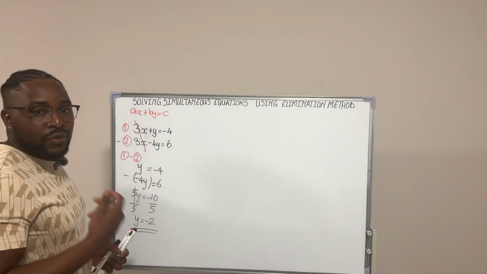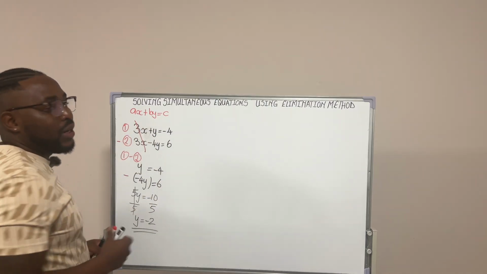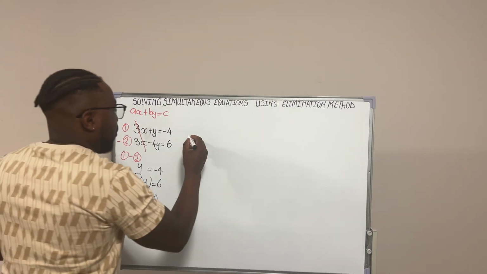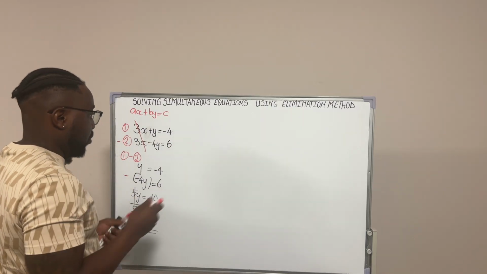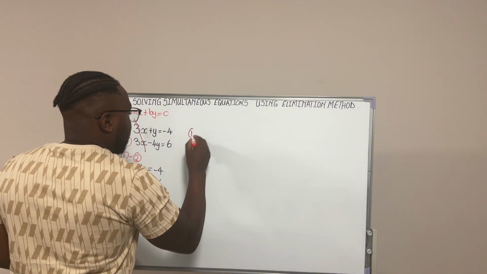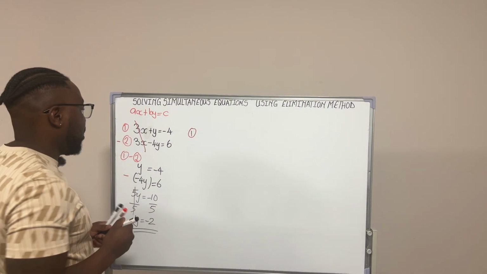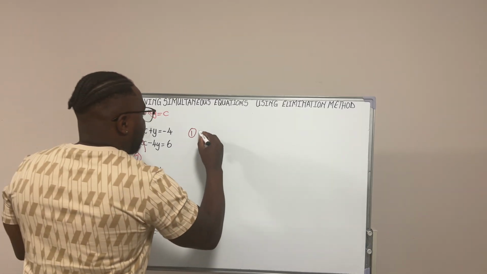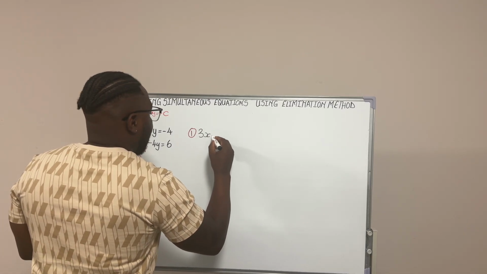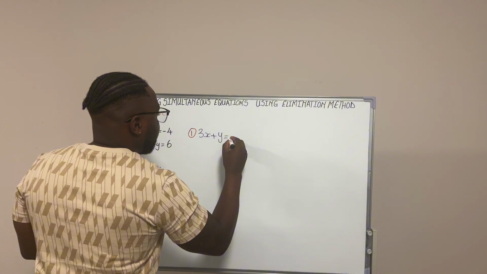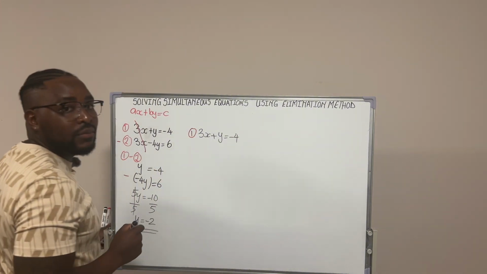For me, I'll go with equation number 1, the first equation, to substitute the y value so I can find my x value. So what's our equation 1? Our equation 1 is 3x plus y equal to negative 4.